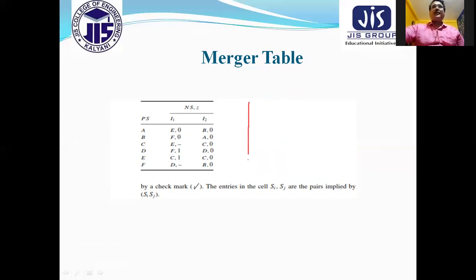When you draw the merger table, we have to write the pairs. In this way you have to draw.